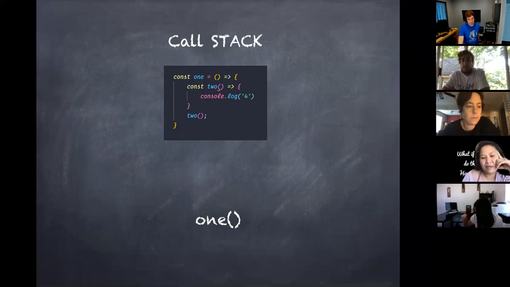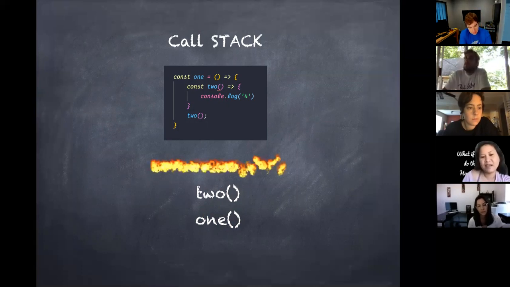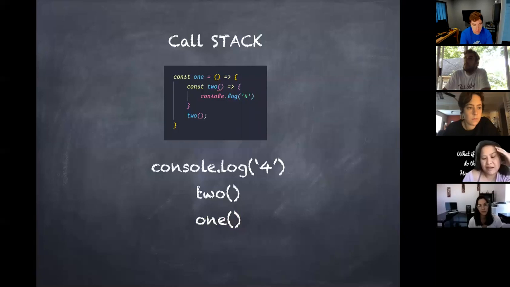Once that's read, it pops, and then it goes to function 2. Now function 2 is in the stack, and it executes for us, and once that's done, it pops, and then it console logs the number 4. So they're all just stacking.